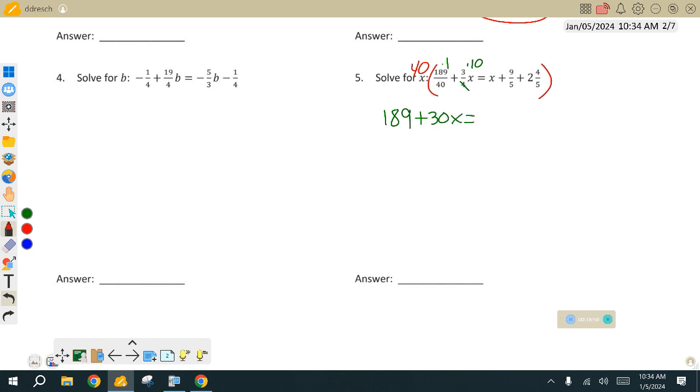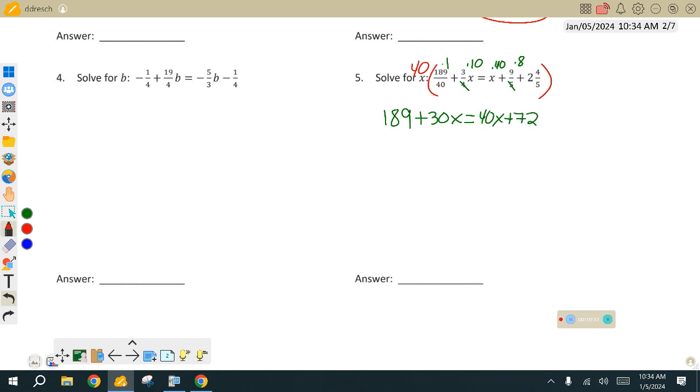Now here's again an opportunity for mistake: forgetting to multiply by x. It still gets multiplied. There's a 1 there, right? And 40 divided by 1 is 40, still 40x. 40 divided by 5, yep, 8 times 9.